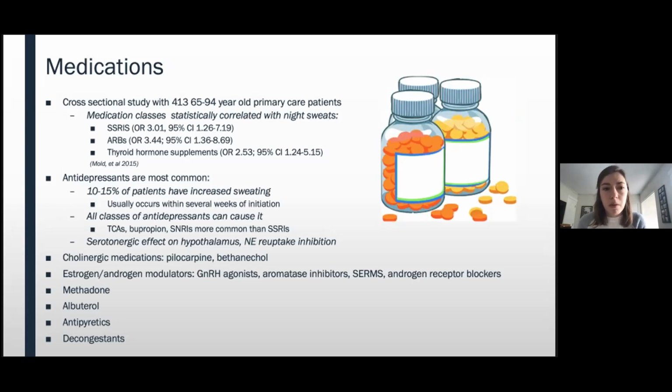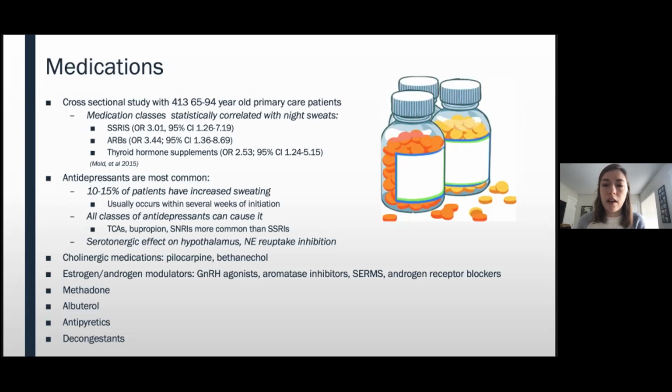So that's something to keep in mind. Albuterol is rarely or sometimes reported. Antipyretics, so like Tylenol, Advil, and NSAIDs can cause it, and decongestants. I thought those last two are kind of interesting as something that patients might just be taking over the counter. So important to ask about that.